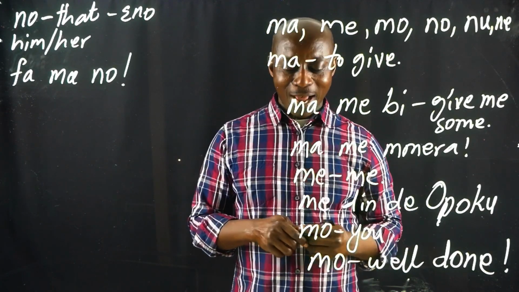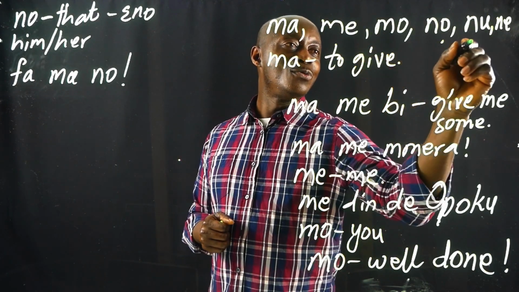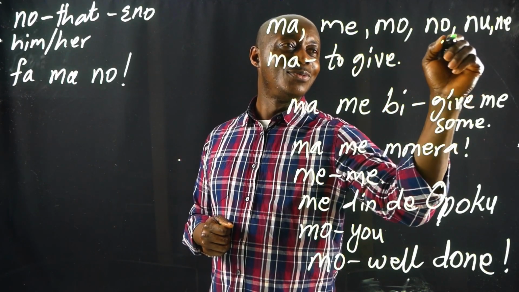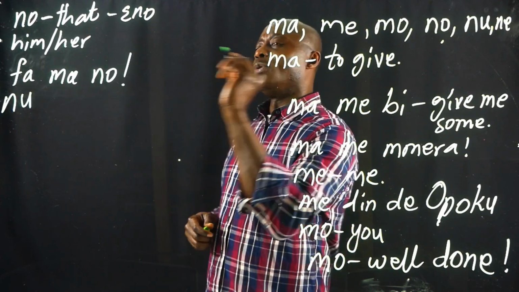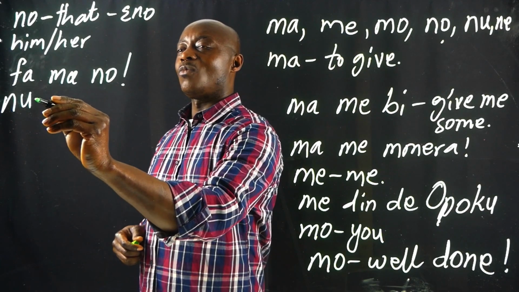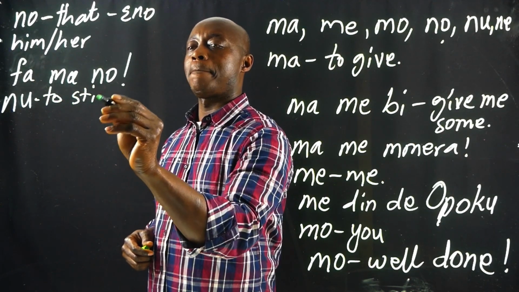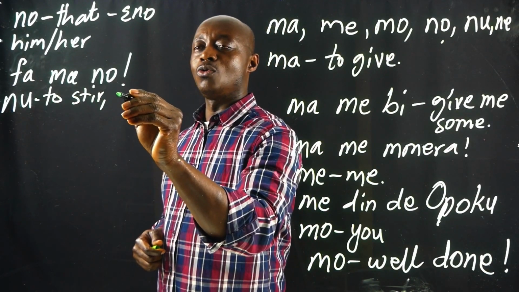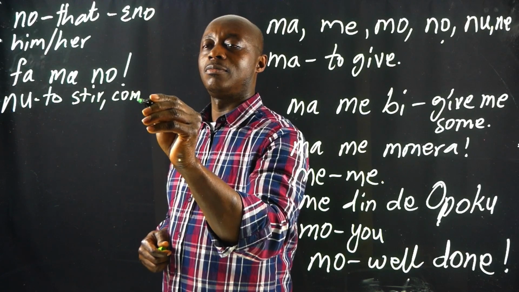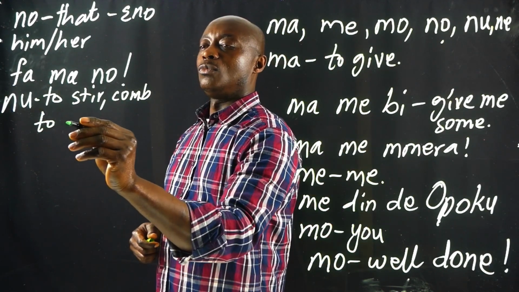Then we have another vocabulary, and that is nu. Nu could mean one, to stare, two, to comb, and three, to harvest.